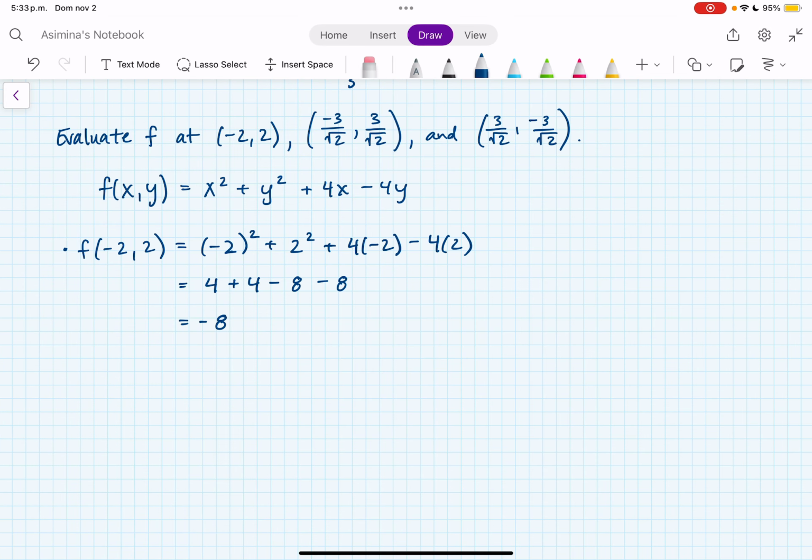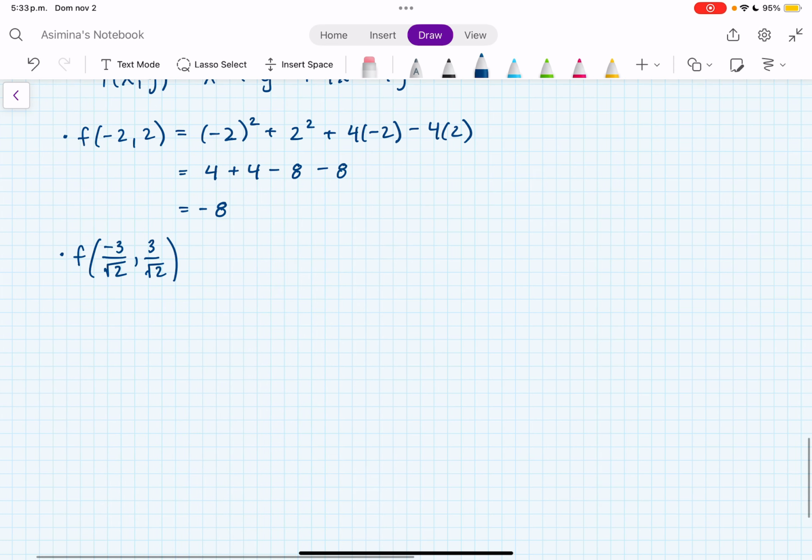Okay, now we want to plug in, let's say, negative 3 over root 2 comma 3 over root 2. So this will look a bit messier, but let's see what we get.